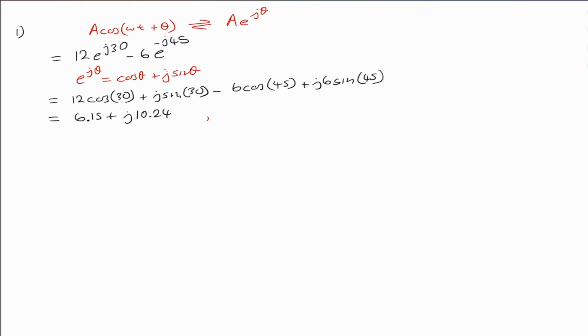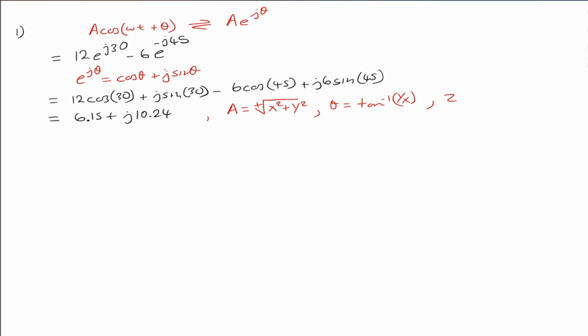Our first property is that A is equal to plus or minus the square root of x squared plus y squared. And then our angle theta is equal to the inverse tangent of y divided by x.